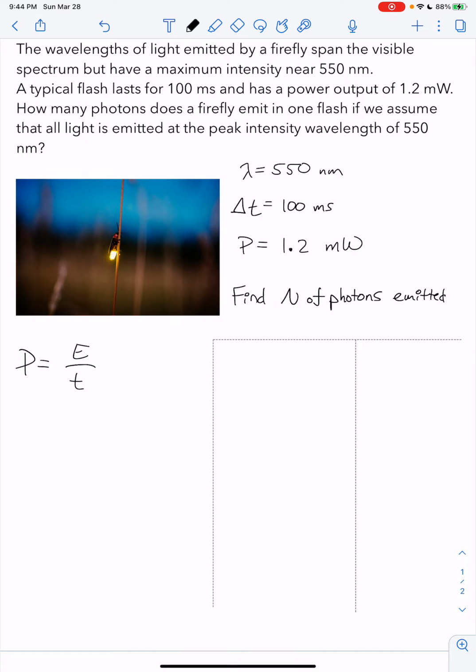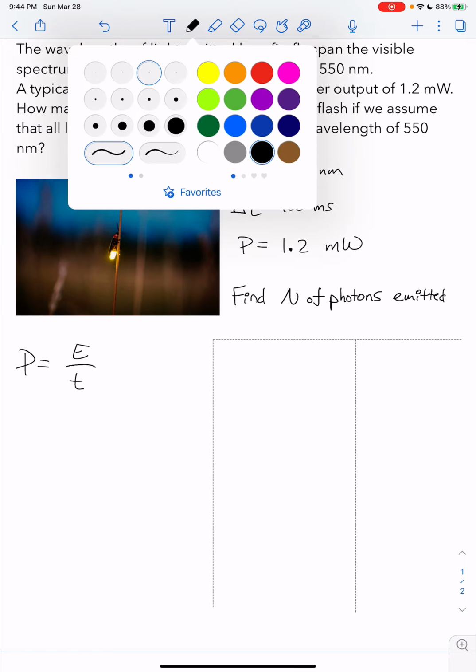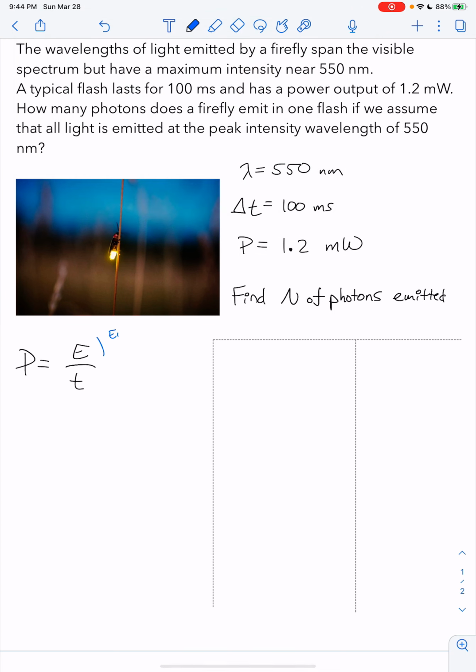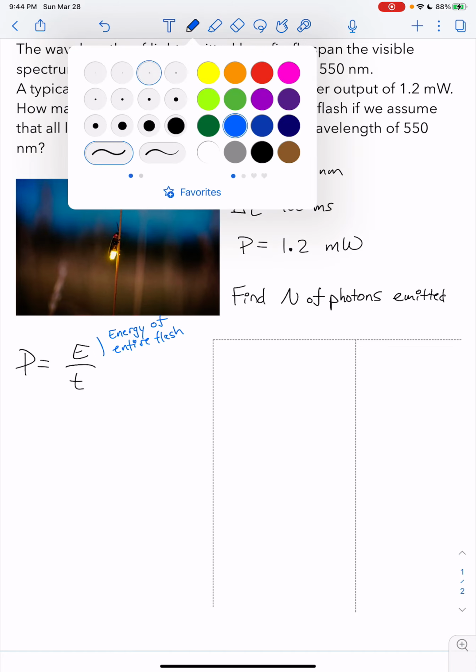In this case, that energy is the whole burst. So I'm just going to make a little note of that. So that's the energy of the entire flash of light. Okay.